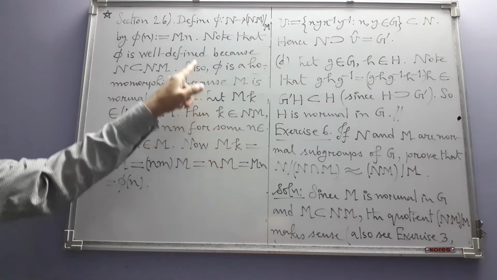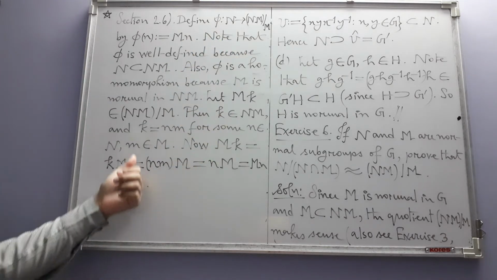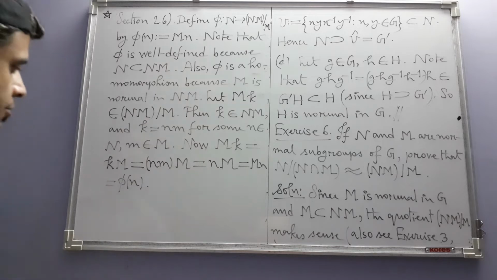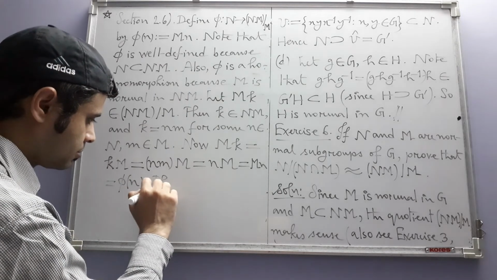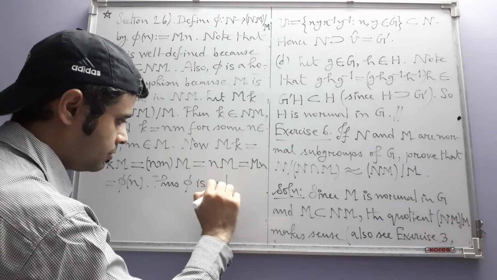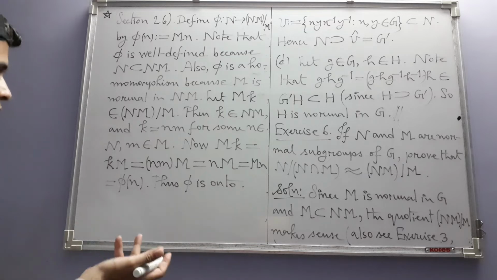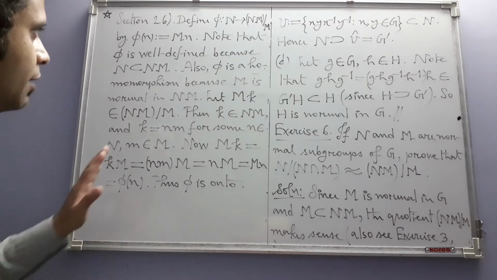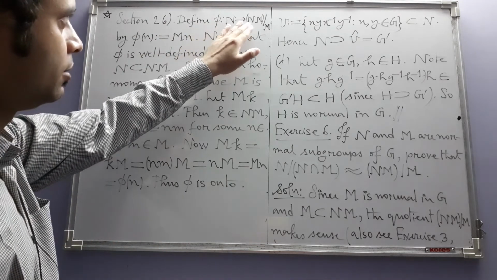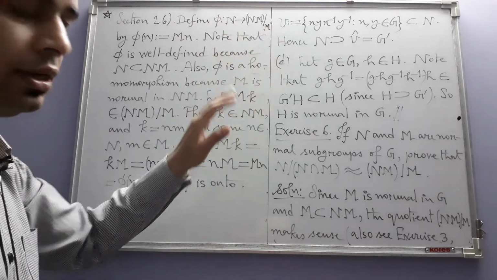So any element in the second group has been written as phi of an element in the first group. Thus, phi is onto. So we have shown that phi is an onto homomorphism from N to NM by M.